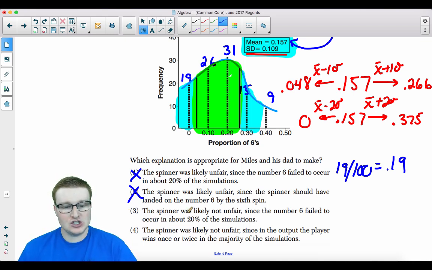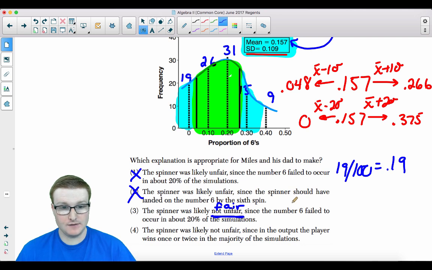Choice 3. The spinner was likely not unfair. Okay, here's the thing. Likely not unfair, meaning it's fair. That's what that means. So I'm going to replace that. The spinner was likely fair since the number of 6 failed to occur in about 20% of the simulations.